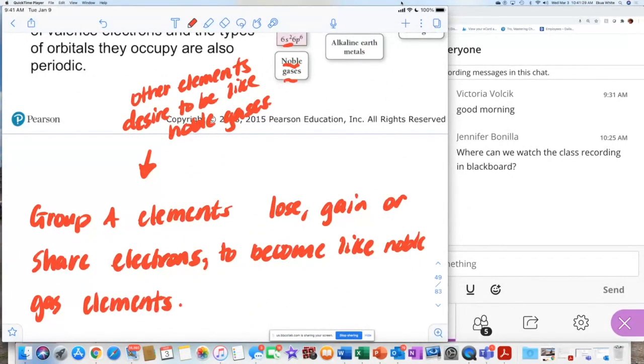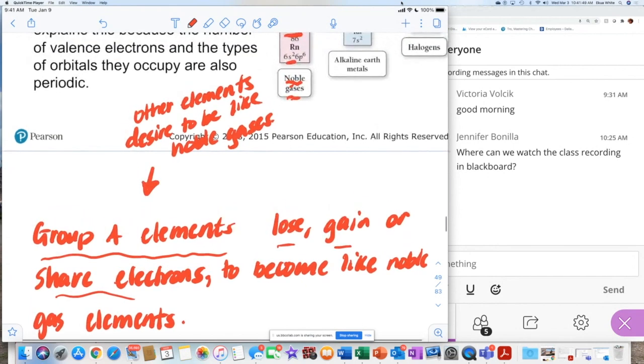Okay. When I was reading this, I was like, okay, when we were kids, we're told, be yourself, just be happy with yourself. And these are elements, they're not people, but look at them. They're trying to lose, gain, or share electrons. They have goals too, to be like the noble gas elements. So they're not people. This is our interpretation of what they're doing. So we just go with that.